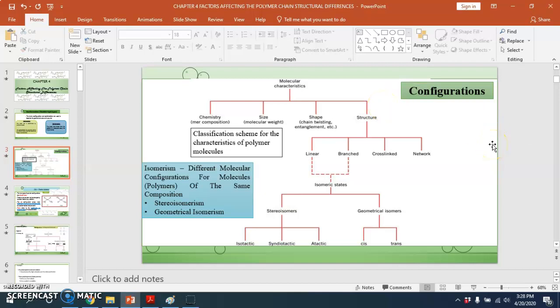Okay, so for the structure, isomerism is affected by linear, branched, crosslinked, or network polymer. For example, linear butane and isobutane structure, their physical properties are slightly different.